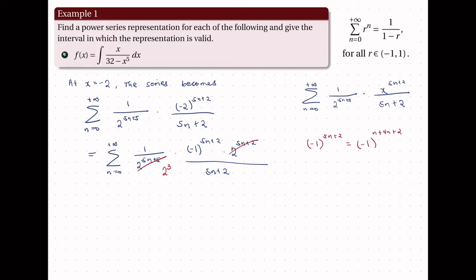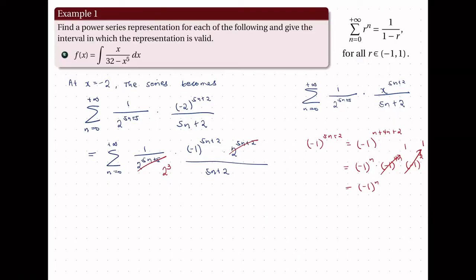Tama? And then we can write this as -1 raised to n times -1 raised to 4n times -1 raised to 2. Ang -1 squared, we know that this is just equal to 1. -1 raised to 4n is also equal to 1. So this is just equal to -1 raised to n. Okay?